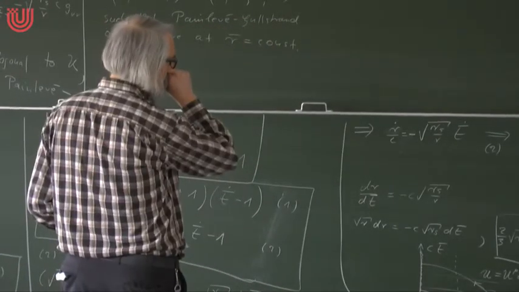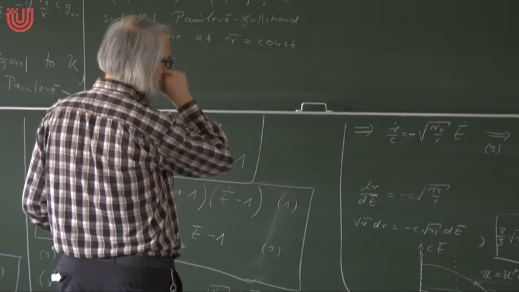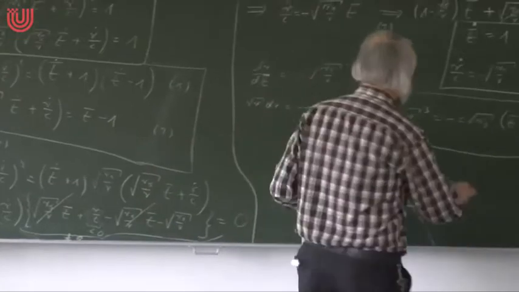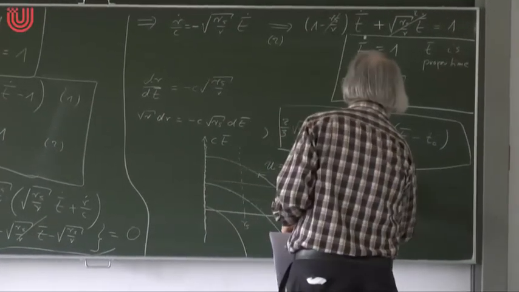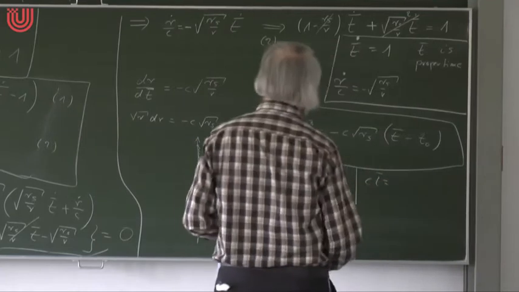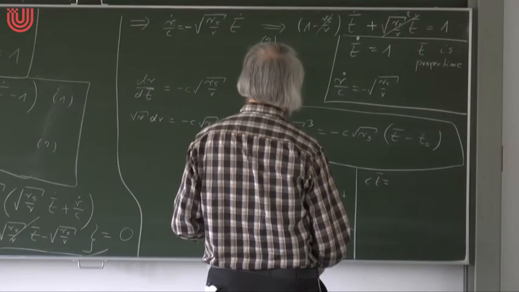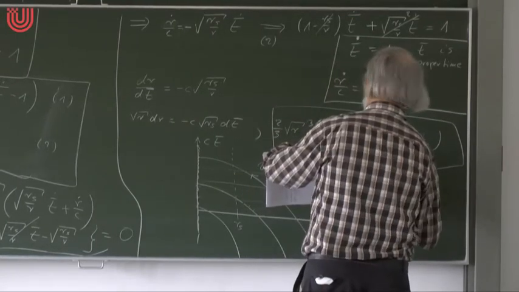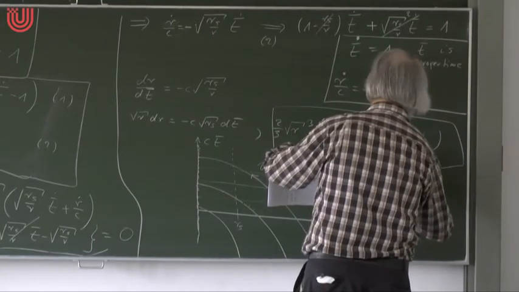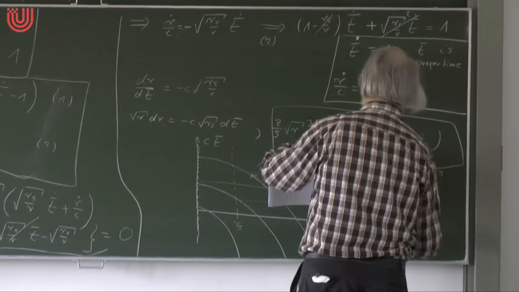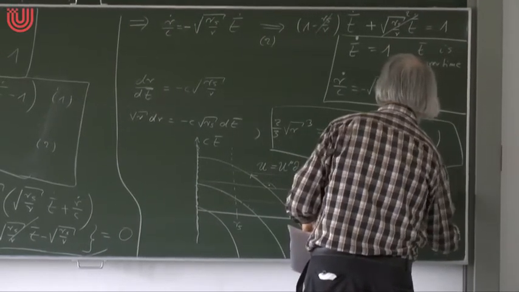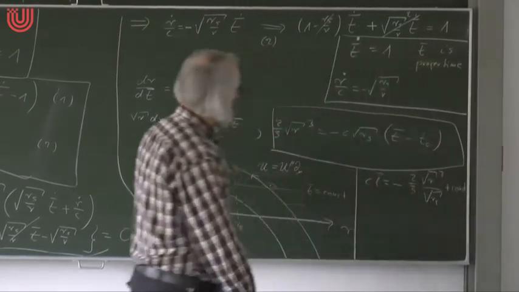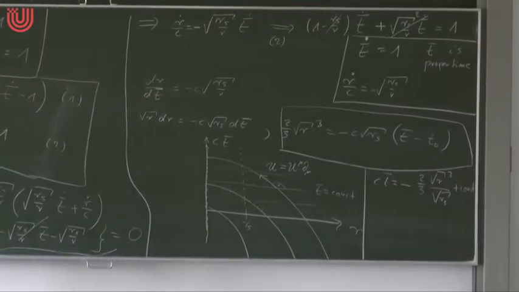Let me write this in this way. What is c t bar? If I take this to the other side, then I have here this with a minus sign, minus 2/3 root r cubed divided by root rs, and then I have a constant. And this constant, with a plus or a minus sign, is supposed to become my r bar.